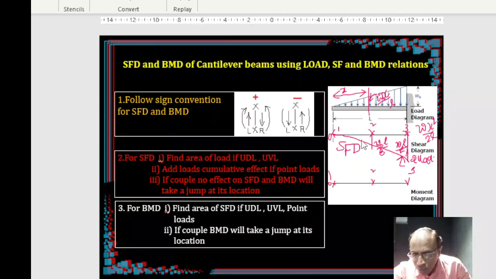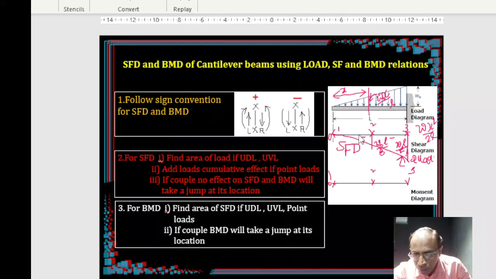Because it is a quadratic function, it is a kind of parabolic curve, right? So the area of this particular one will be one third. If we assume this part is a rectangle, this is going to be one third of that rectangular area. So what is the ordinate here you are going to get? Here also I forgot the sign convention. When you are moving from left to right, again it is a negative sign, right? And then this particular area, one third of this rectangular area.